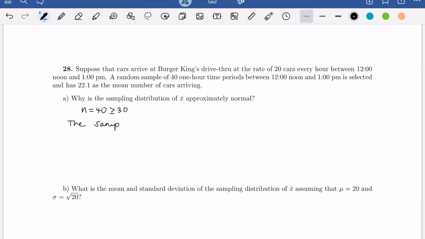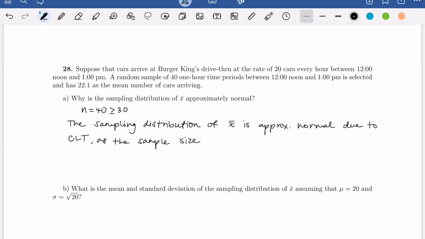The sampling distribution of our sample mean is approximately normal due to the central limit theorem, which I'm going to abbreviate with this.